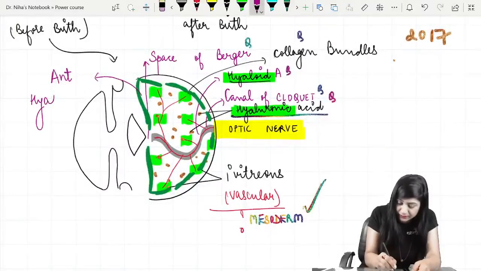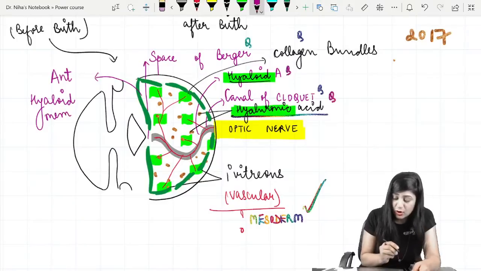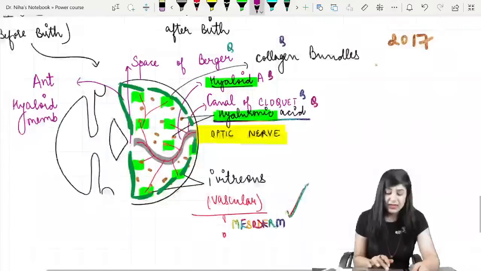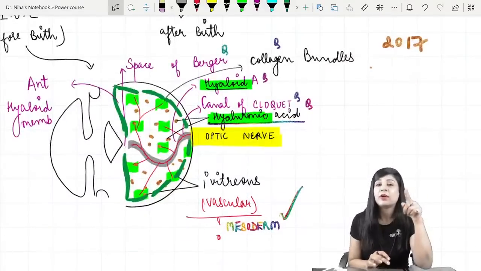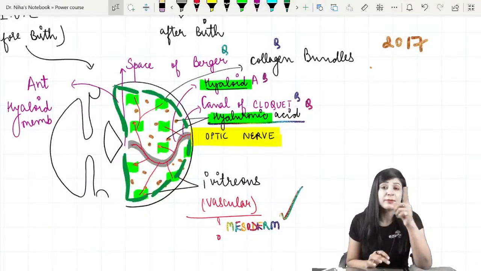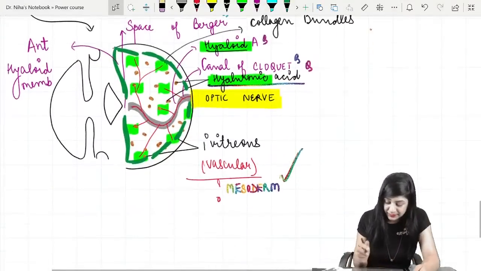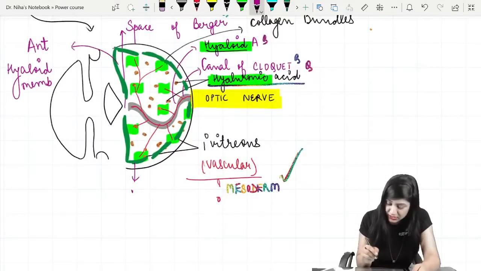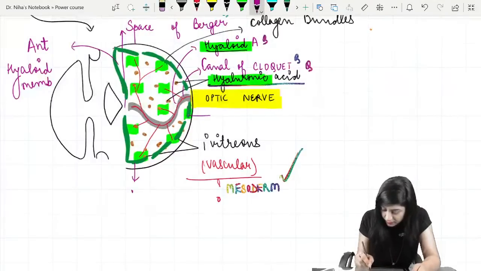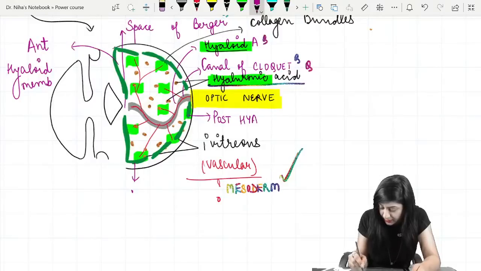So hyaluronic acid, then hyaloid artery, hyaloid membrane. Anteriorly is the anterior hyaloid membrane, and posteriorly is the posterior hyaloid membrane.